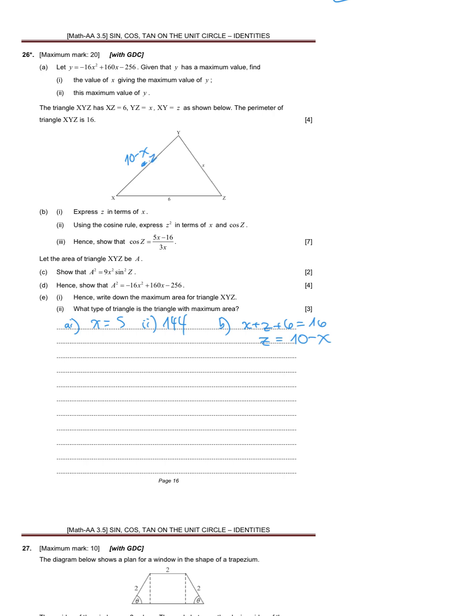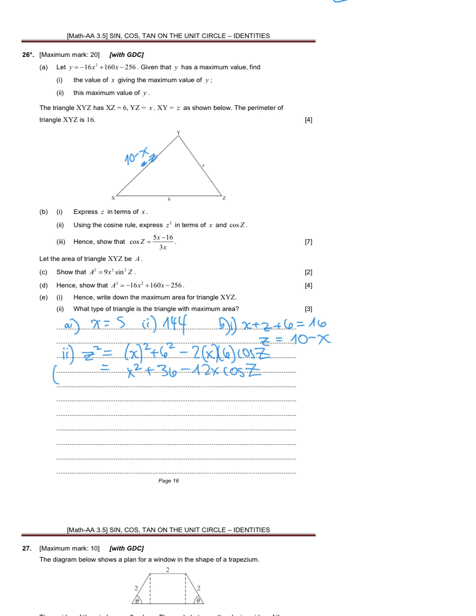So we've got z squared equals x squared plus 6 squared minus 2 times x times 6 cosine z. That should be it. But x squared plus 36 minus 12x cosine z.